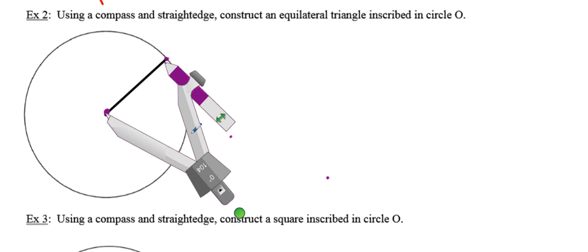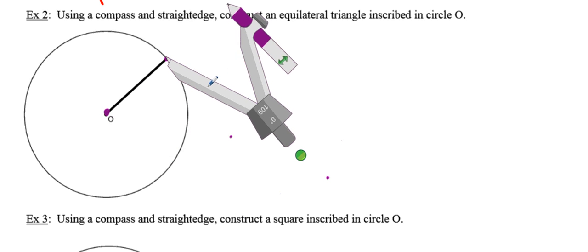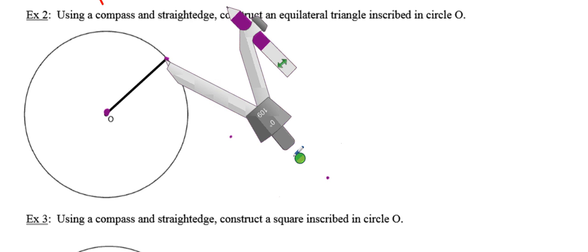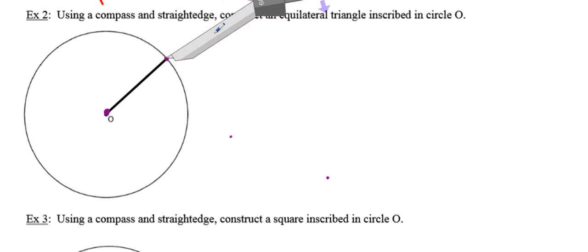And again, I want to be exact and precise in my measurements. And then once I have that measurement, I'm simply going to put the point of my compass on that point that's on the circle, and I'm going to move around the circle and construct my 6 equal arcs.